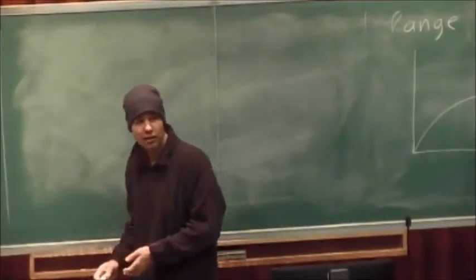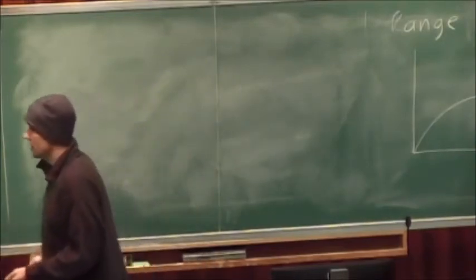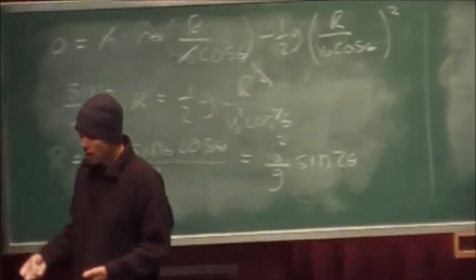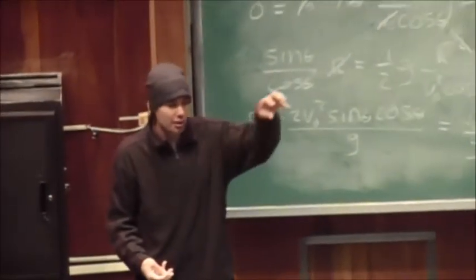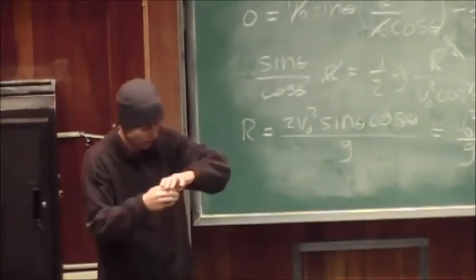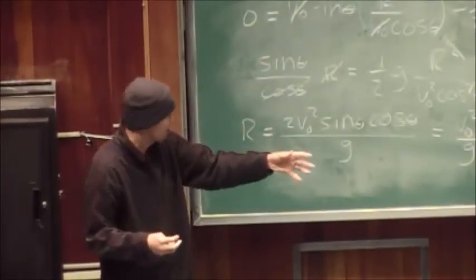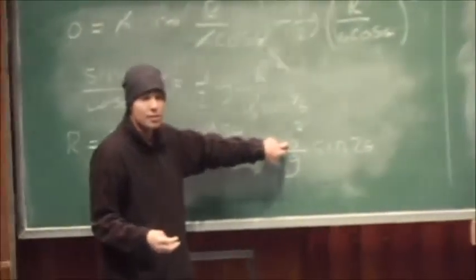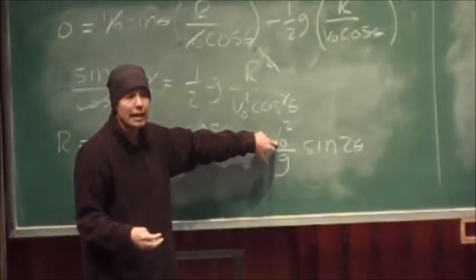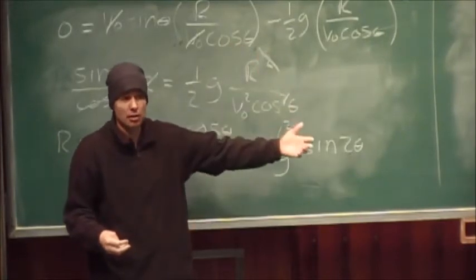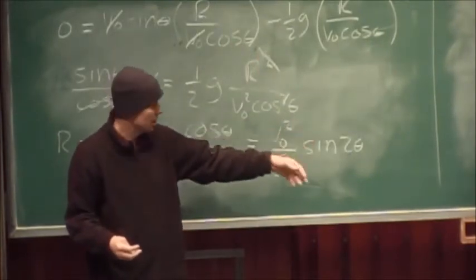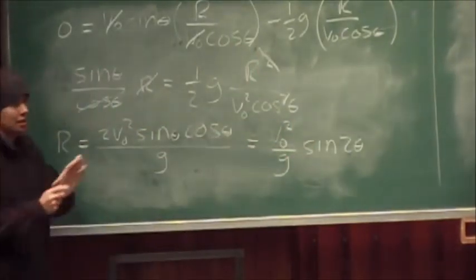Well, this is kind of neat, right? Because now I could say, if I know how far something goes in an environment where there's no wind resistance, then I can know what v0 is. I can compute how fast the projectile is going based upon the range if I set the angle right.